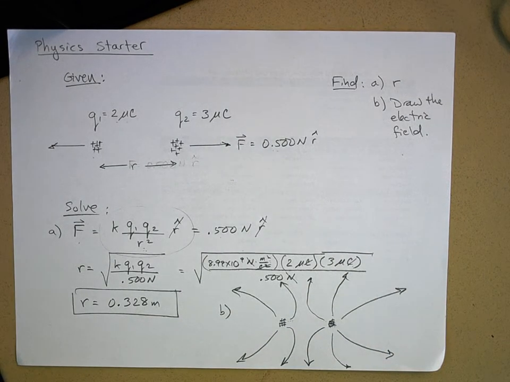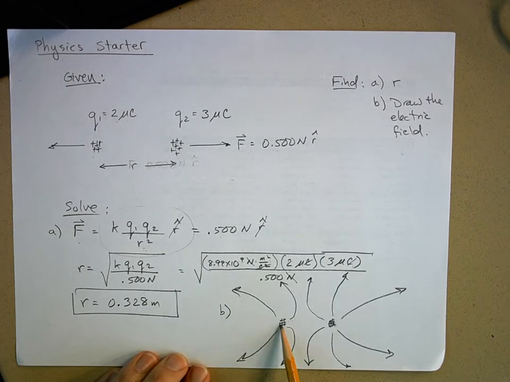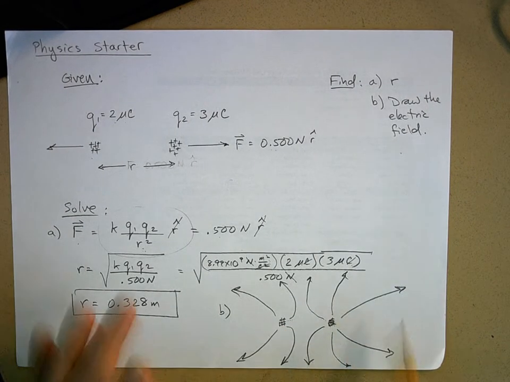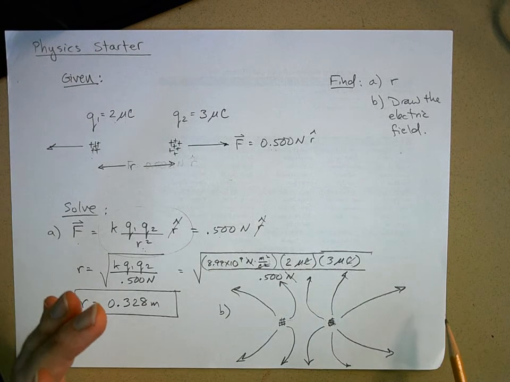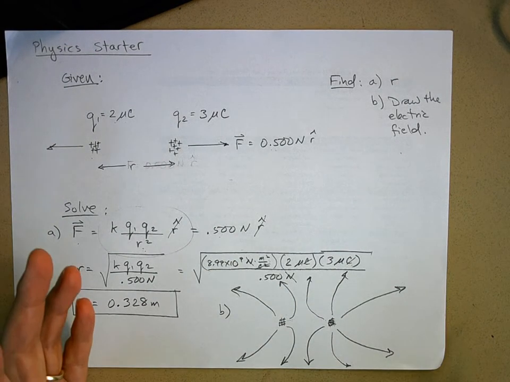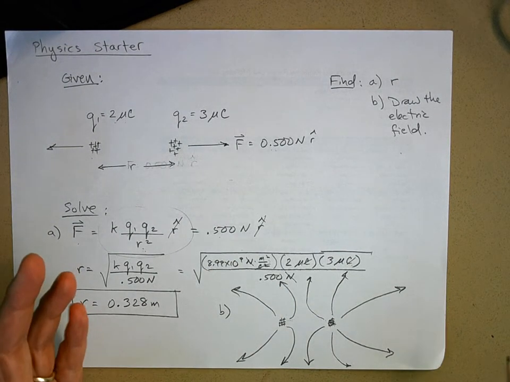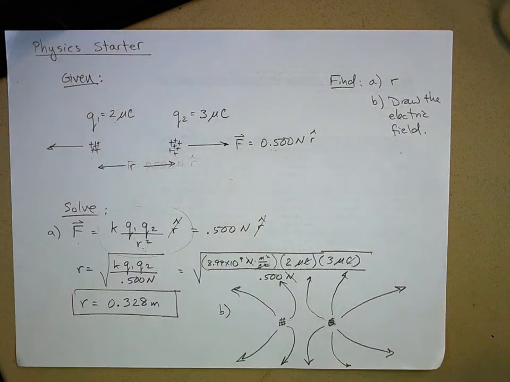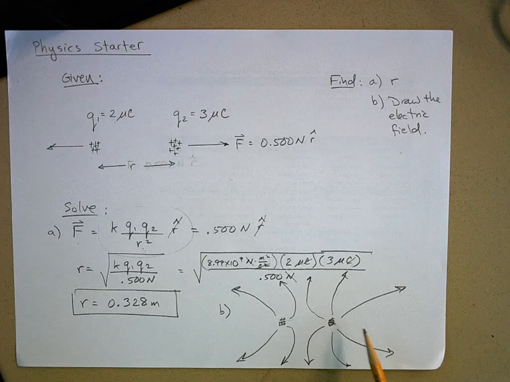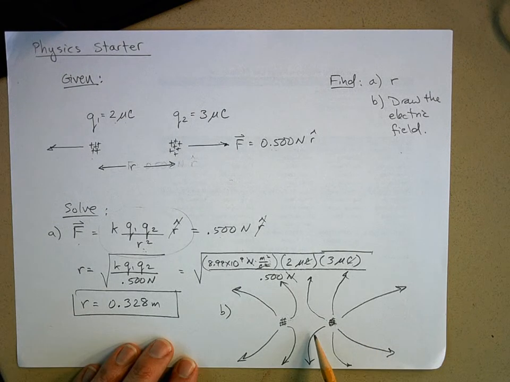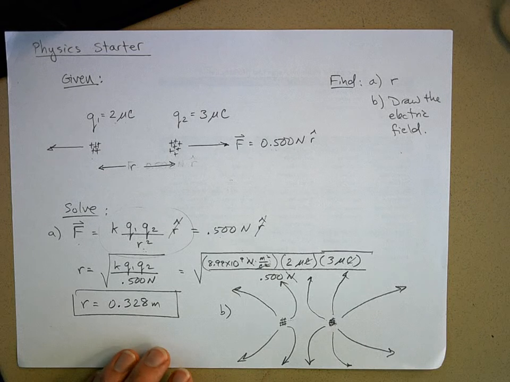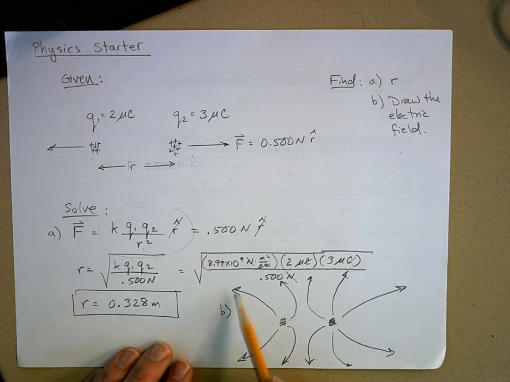And let's see if this follows the rules. It starts at positive charge and ends at negative charge. Well, these have no end because there's no negative charge drawn here. But remember, the universe is electrically neutral, so these negative charges are way out there in the universe somewhere, and they just terminate at infinity. I've kind of shown the space around it. I've got arrows.